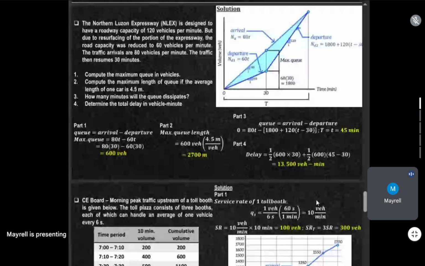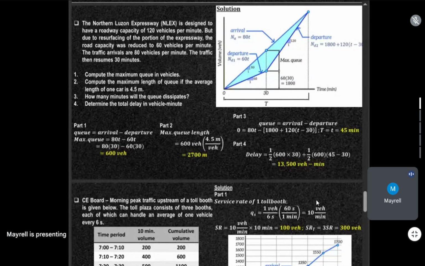But due to the resurfacing of a portion of the expressway, the road capacity was reduced to 60 vehicles per minute. The traffic arrivals are 80 vehicles per minute. The traffic then resumes after 30 minutes. Compute the maximum queue in vehicles, and compute the maximum length of the queue.